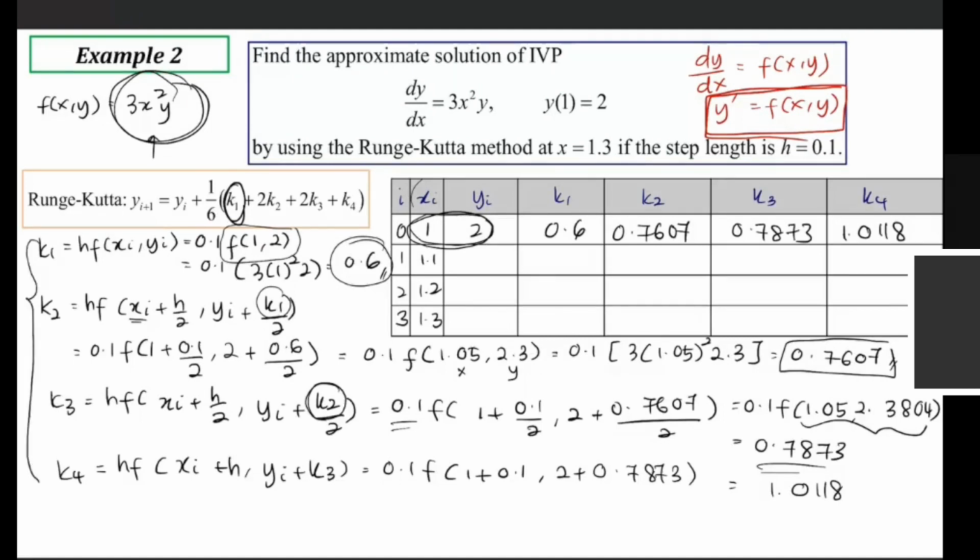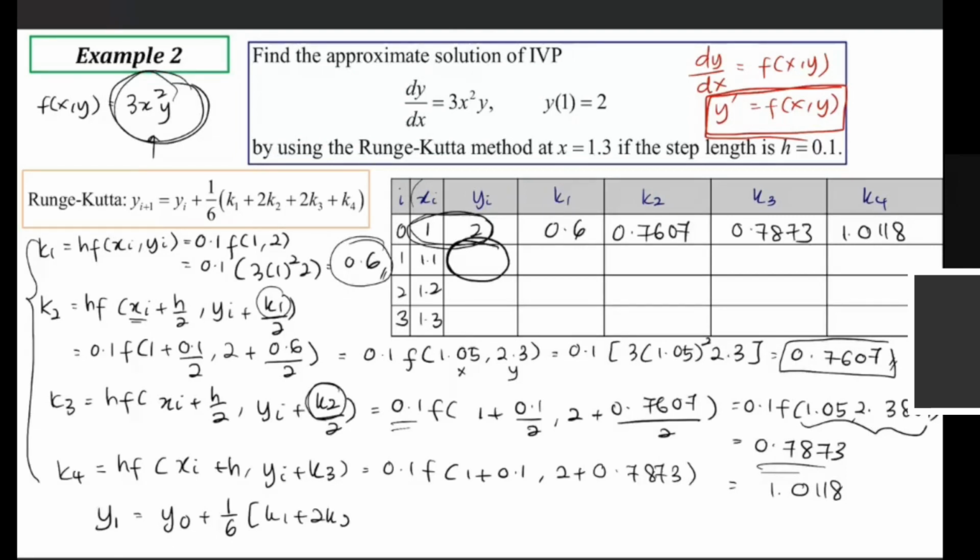Okay. Then using these values K1 until K4, you will determine Y1. So Y1 equal to, look at the formula, Y naught plus 1 over 6 (K1 plus 2K2 plus 2K3 plus K4).